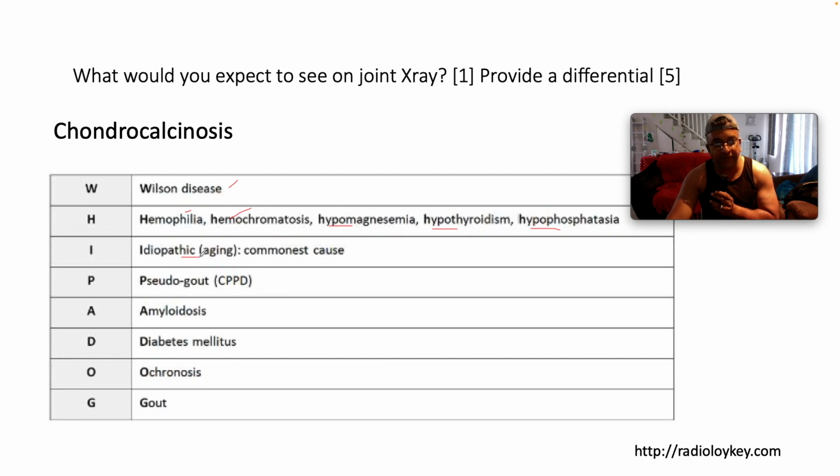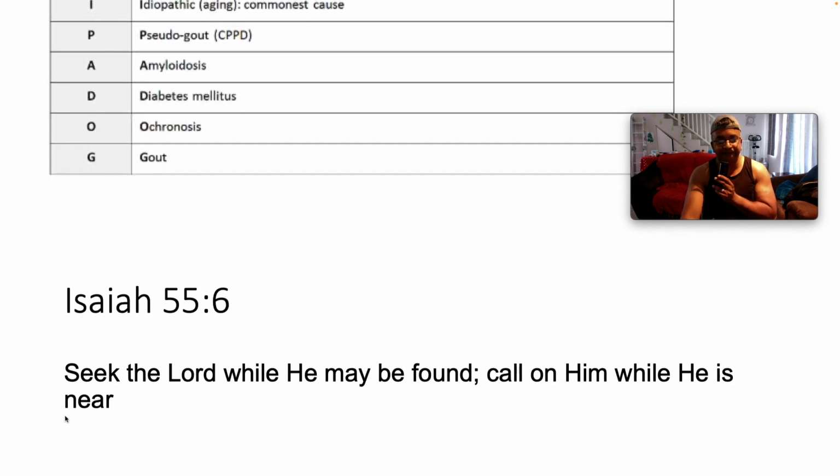I is for idiopathic, which happens with aging, and this by far is the commonest cause of pseudogout, or calcium pyrophosphate dihydrate deposition disease. O is for the first O, and P is for pseudogout, it's a misnomer there. P is silent. A is amyloidosis, D is diabetes mellitus, O is ochronosis, G is gout. All of this will cause chondrocalcinosis on the joint X-ray.